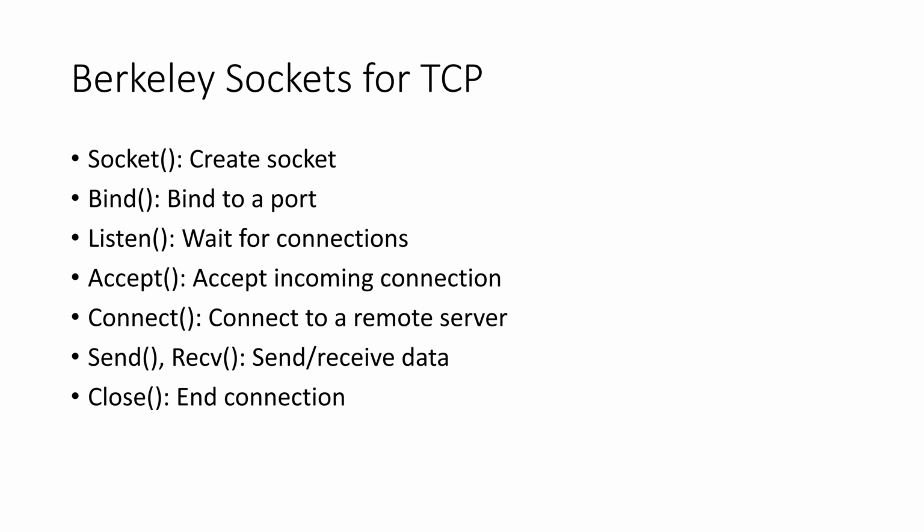And again, on the client side, you'd use connect to initiate a connection to the server. And once the connection is set, both client and server can exchange data using send and receive functions, just like reading from and writing to a file. Finally, when the communication is done, either side can call close to end the connection.